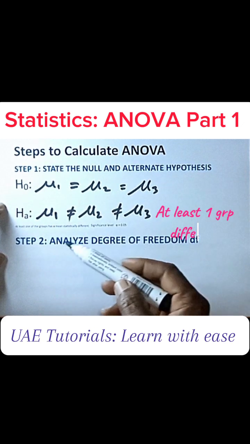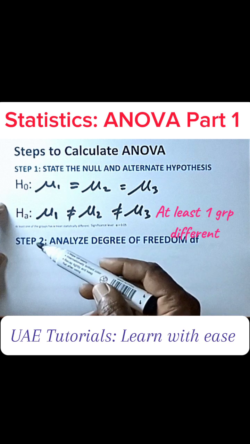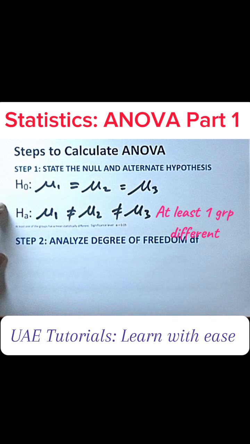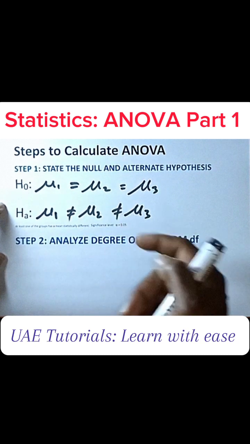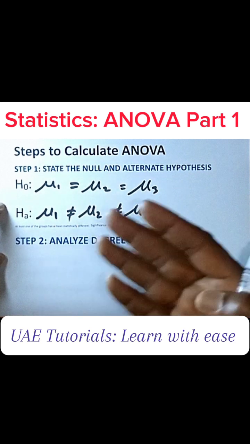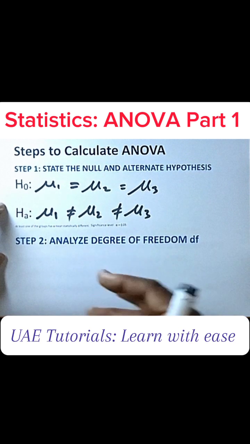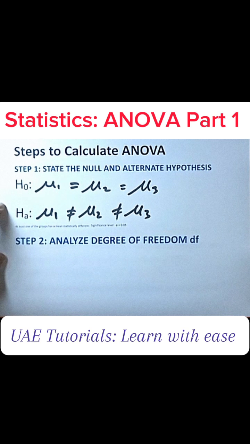While the alternate hypothesis is saying that at least one of the groups has a mean statistically different, and it is usually evaluated at an alpha value. Alpha means the significance value. So at an alpha value of 0.05, 0.01, 0.1 as the case may be, but the most popular is 0.05.